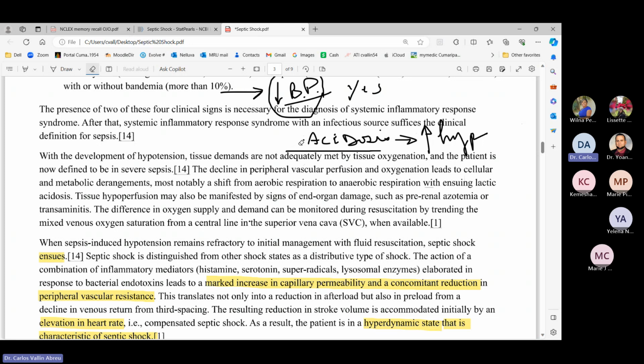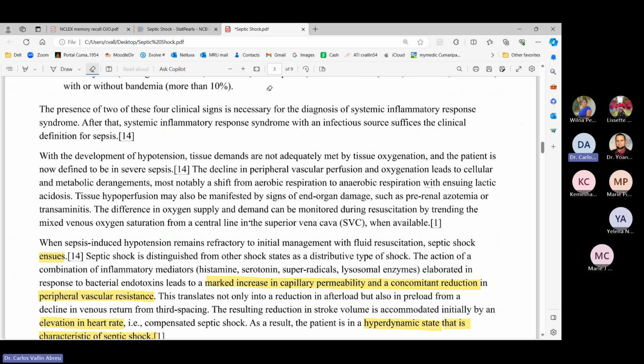Determination of lactic acid in the blood is a super important test to define if the client is having a septic shock or not. Sadly, this clinical scenario that I found, copy and paste, to discuss is not mentioning the level of lactic acid. But I'm pretty sure that in your real test in the NCLEX, this value could be included because it's important to support the pathophysiology of the systemic inflammatory response with septic shock.